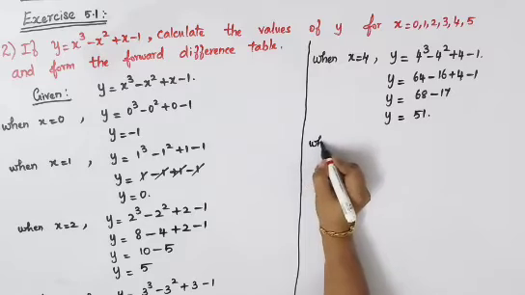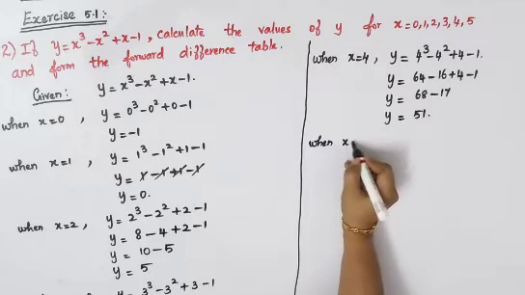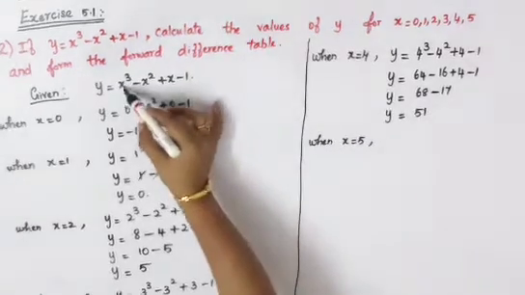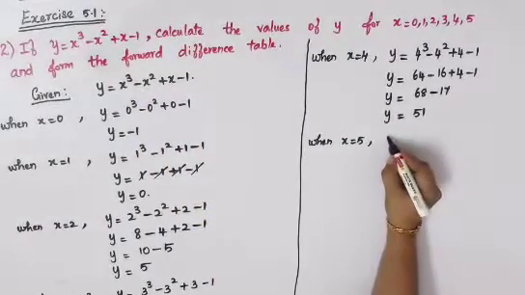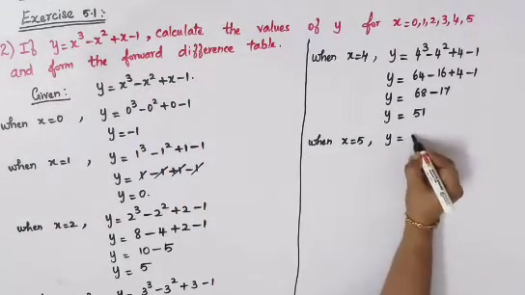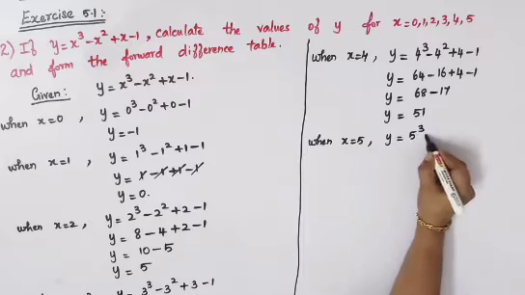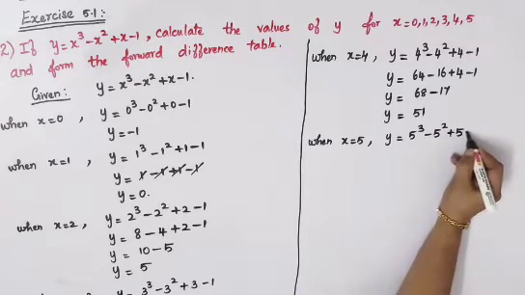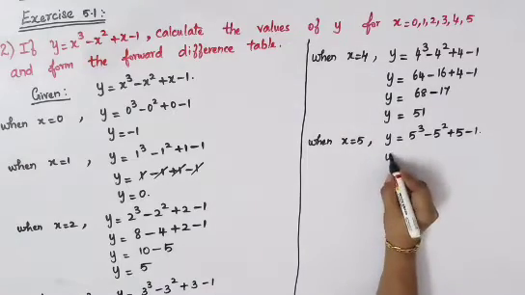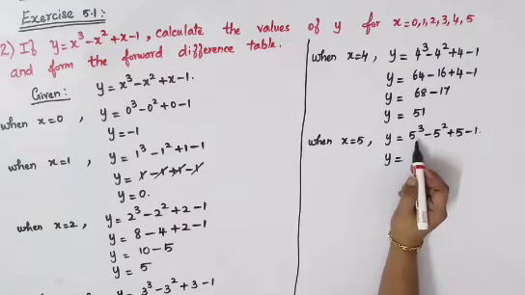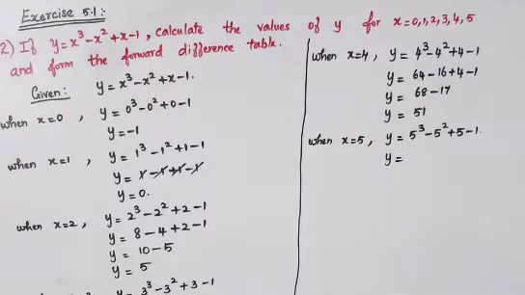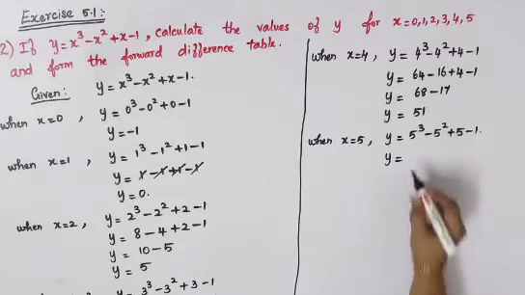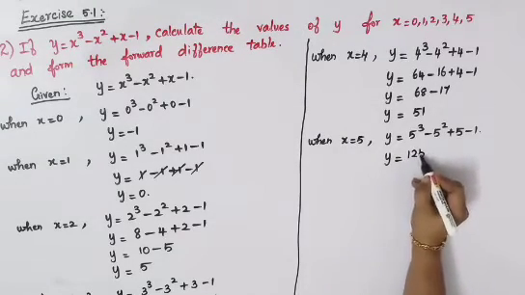Next is the last value, x is equal to 5. Substitute 5 wherever x is there. So y is equal to 5 cube minus 5 square plus 5 minus 1. 5 cube is 5 into 5 into 5. 5 fives are 25. 25 into 5 you will get 125.